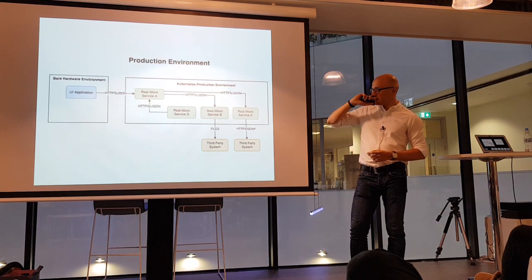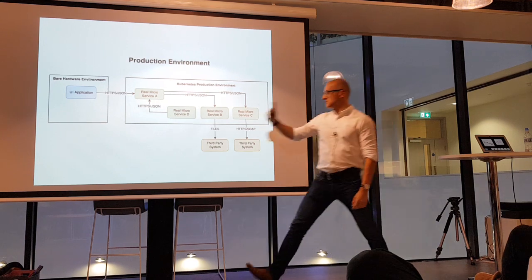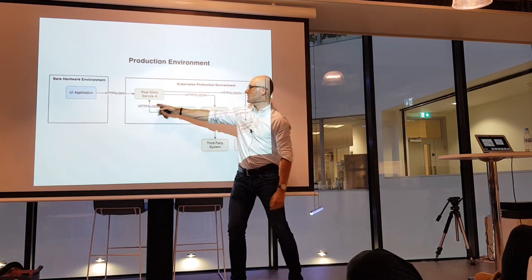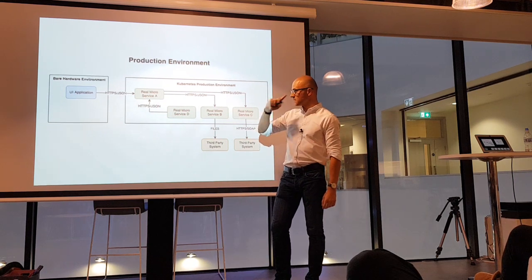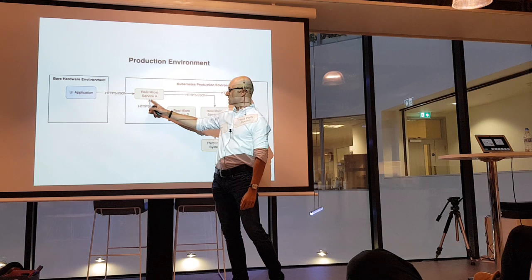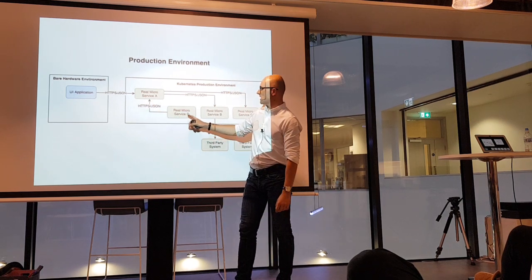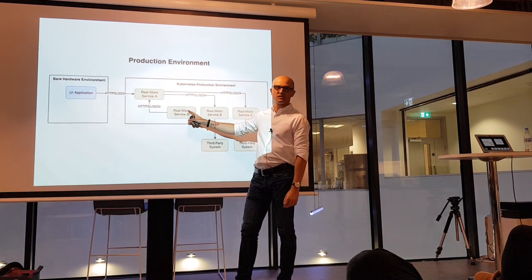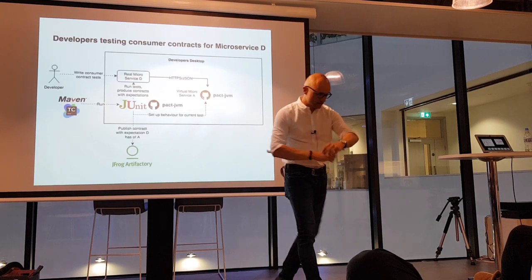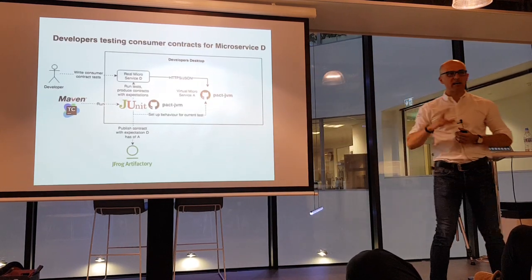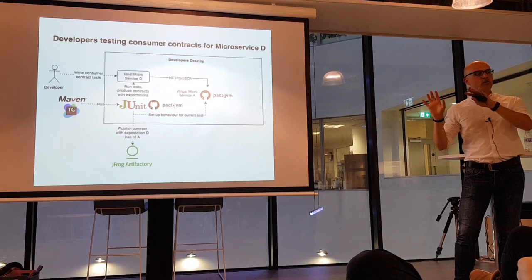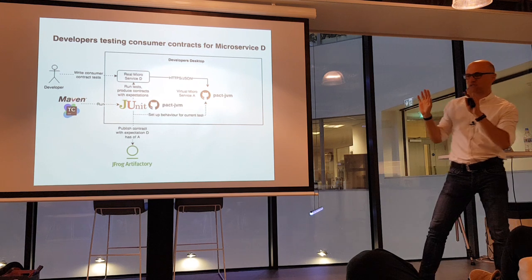So again, looking at the production environment, you can see that the microservices are talking to each other here in different ways. So you want to make sure that the API that this microservice has is actually compatible with what this other microservice needs. The way the developers have done it, and we're going to have two diagrams here that go quite deep, so if you want to switch off for two diagrams, that's fine.